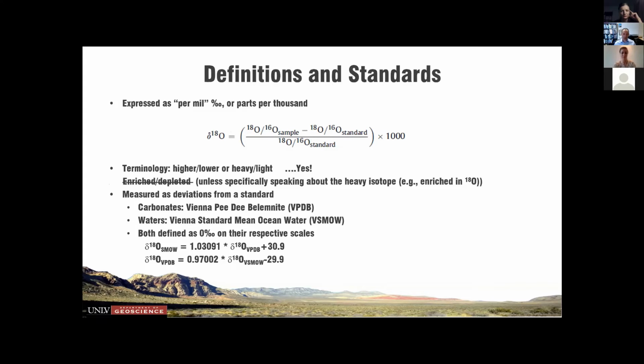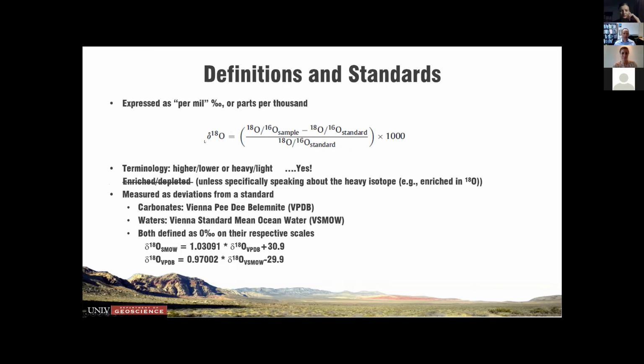It's always reported as relative to an international standard of either PDB or VSMOW, and then we just take that value and multiply it by 1,000. So it's always really good to study stable isotope geochemistry a little bit with Zach Sharp's free textbook, or take a class to learn the basics of this.